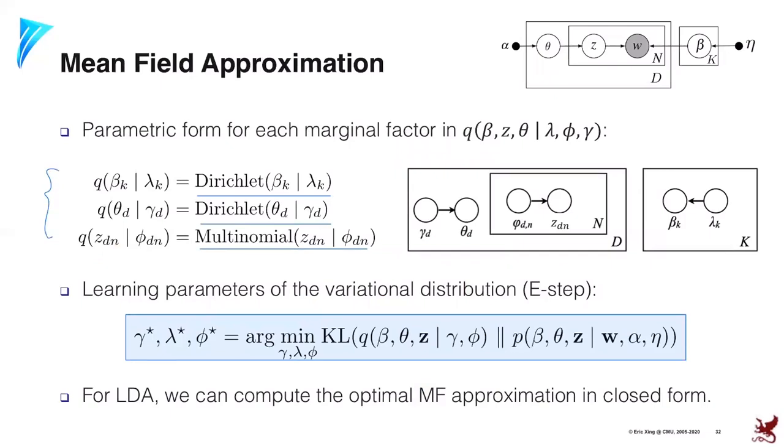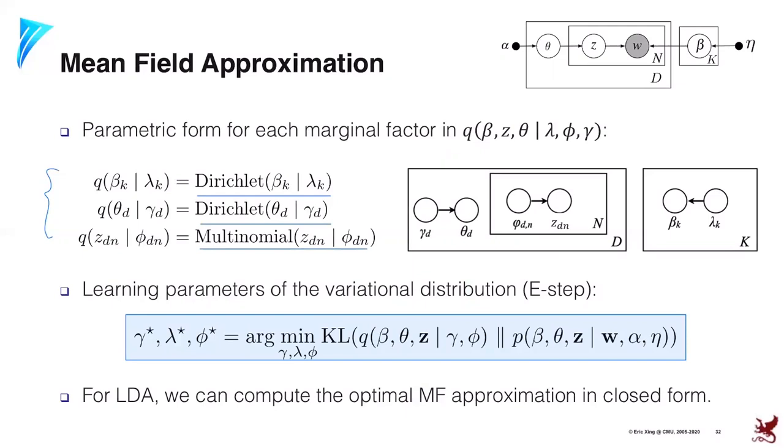Then what we do is we consider minimizing the KL divergence to learn the parameters of the variational distribution. And we should note that for the LDA, we can actually compute the optimal mean field approximation in a closed form solution.